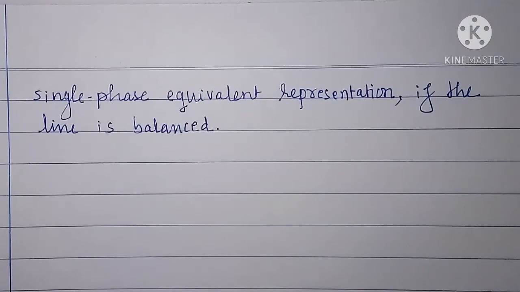The direct current resistance, that is RDC, of a conductor is defined by RDC equal to rho L upon A, which you have studied already in your 10th standard and your PU level.